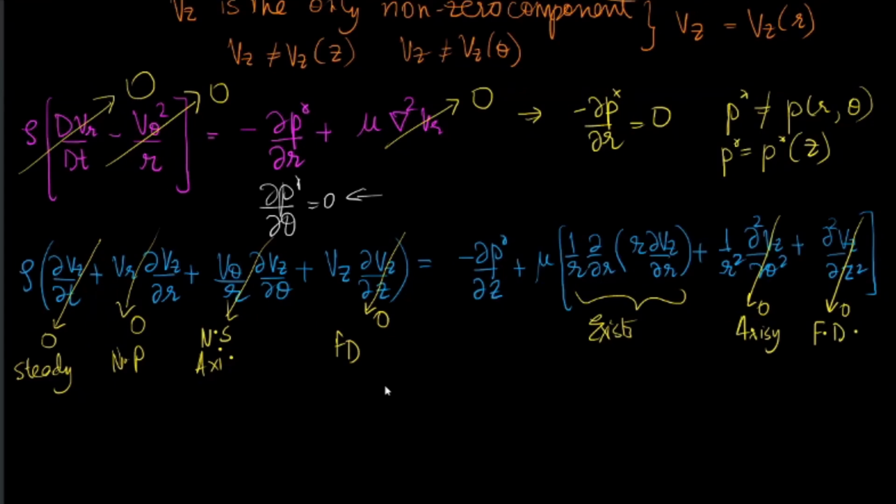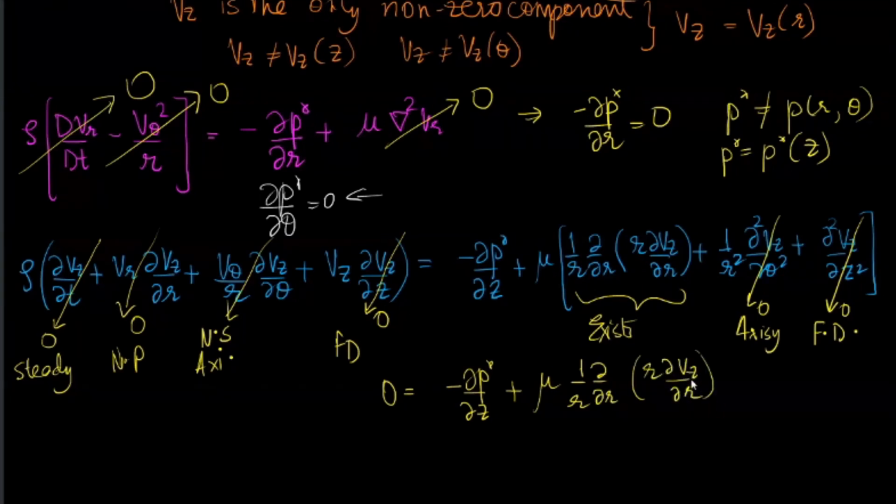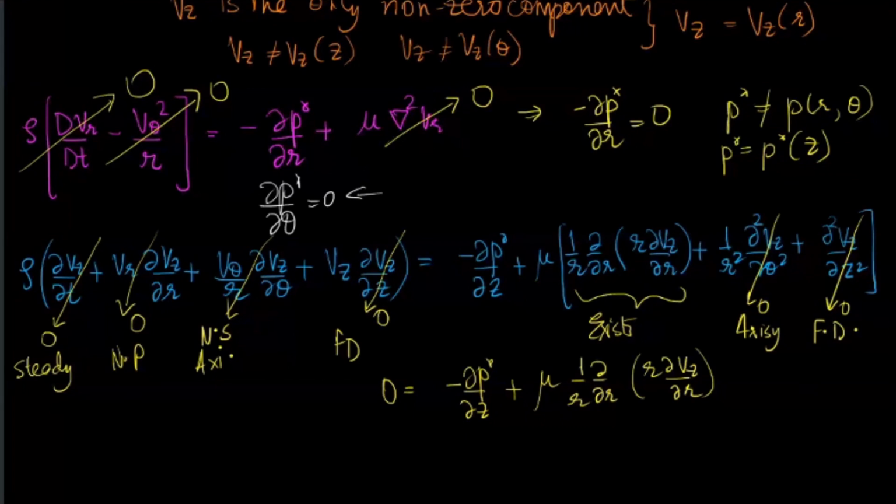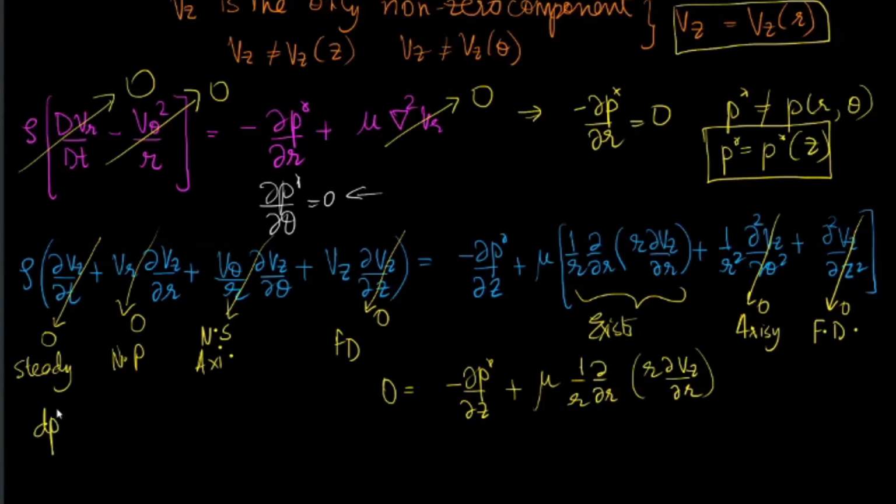So finally, we have 0 is equal to minus ∂p star/∂z plus mu (1 upon r) ∂/∂r of (r ∂vz/∂r). And we've already seen that p star is only a function of z and vz is only a function of r. So we can modify this equation as dp star/dz is equal to mu (1 upon r) d/dr of (r dvz/dr).